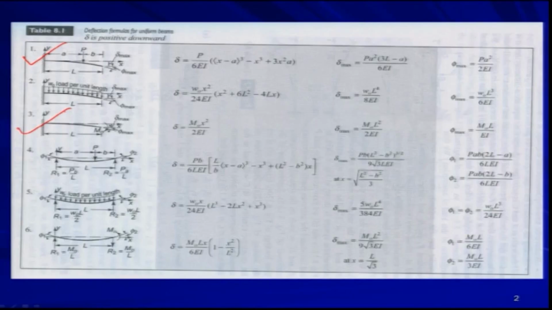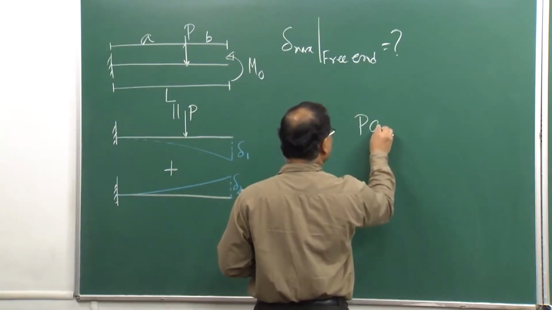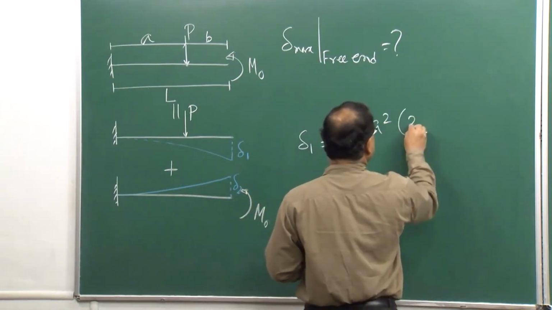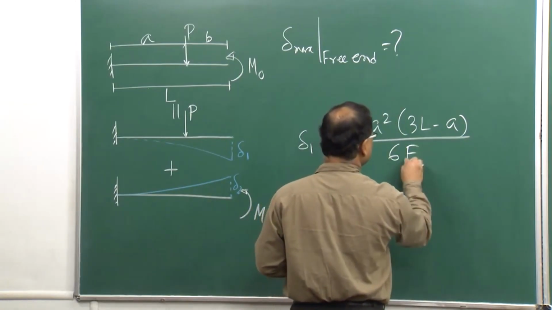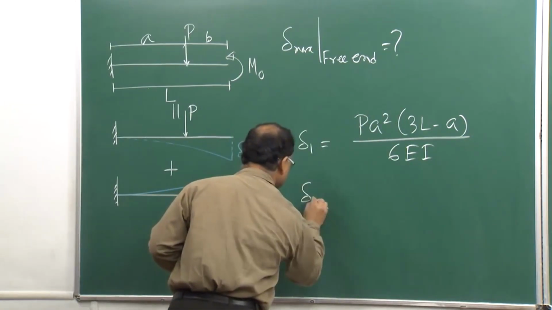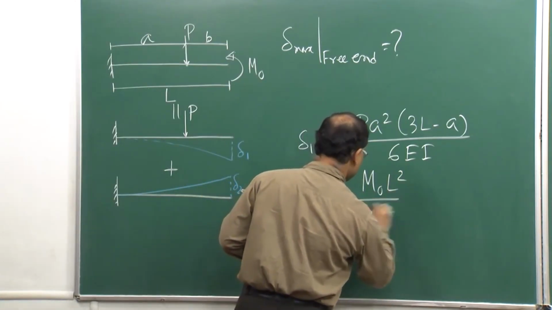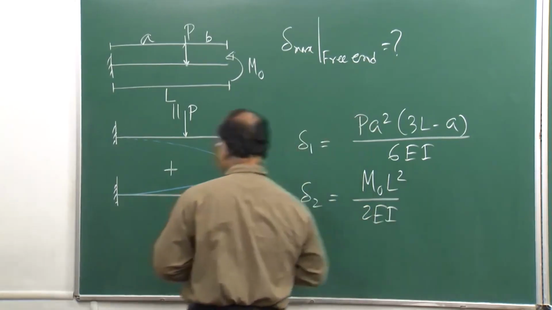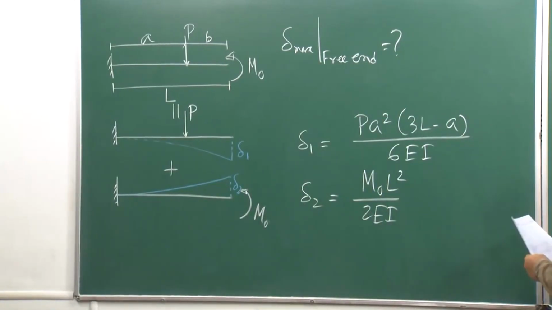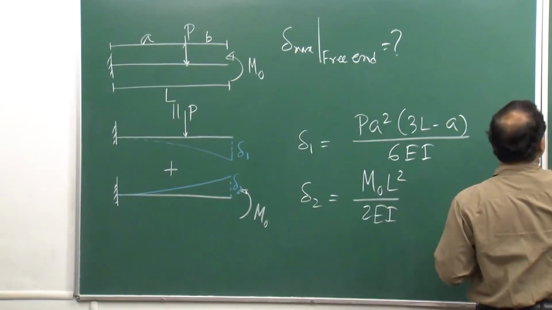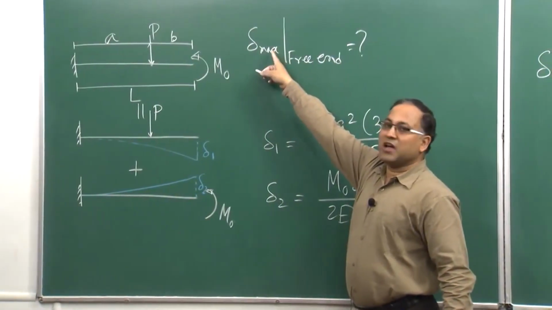For this, your delta 1, as per the table, is P A squared (3L minus A) by 6EI, and for this your delta 2 is equal to M naught L squared by 2EI, that is given in the table. Now, using these two things, we are going to find this delta max, the maximum deflection at the free end.